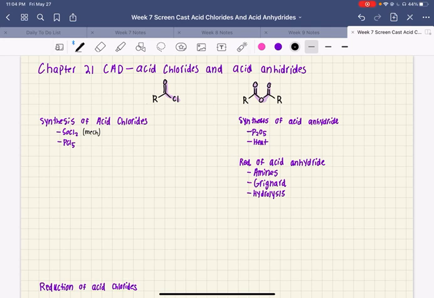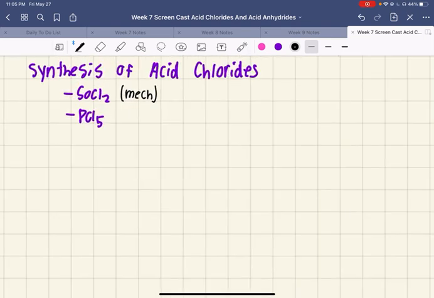Acid chlorides are extremely malleable and useful intermediates for synthesis of any carboxylic acid derivative. So first we'll be going over the synthesis of acid chlorides.